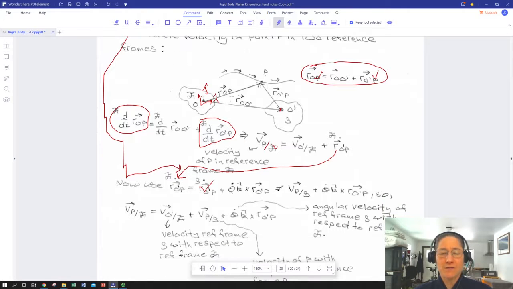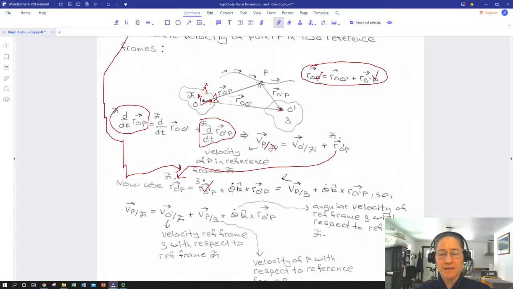Like I said, that'll give us the first time derivative of R between O prime and B with respect to B, which is just VP, velocity of P with respect to the B reference frame, plus omega, angular velocity of reference frame B with respect to reference frame F, crossed into that radius vector, this other radius vector O prime to P, just a positional vector.